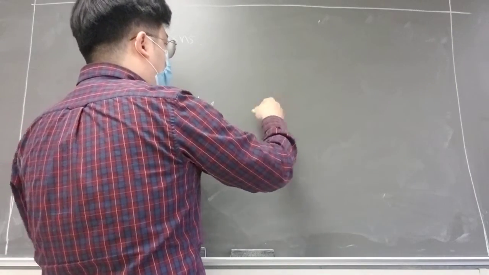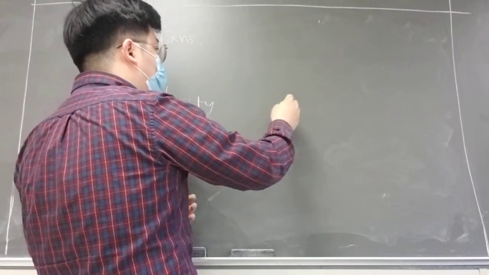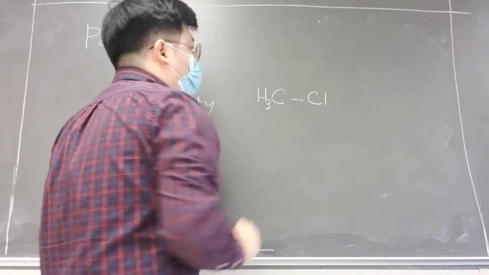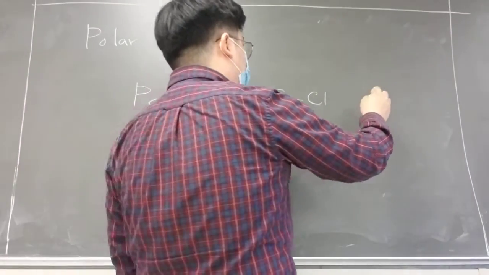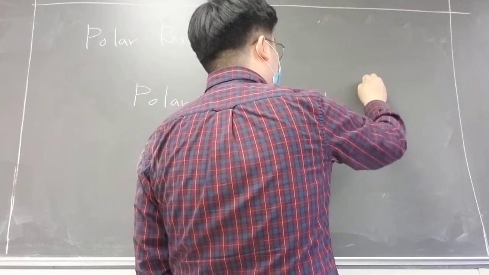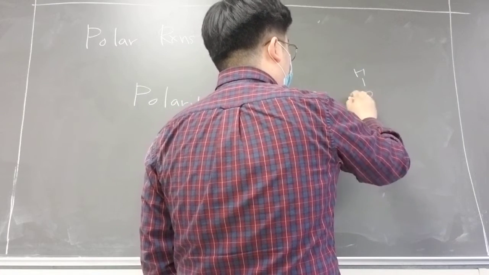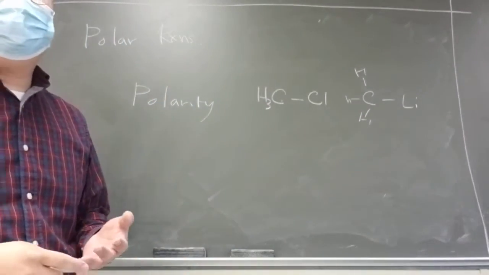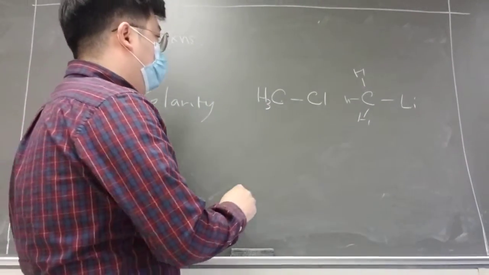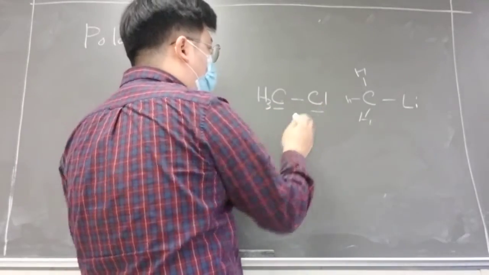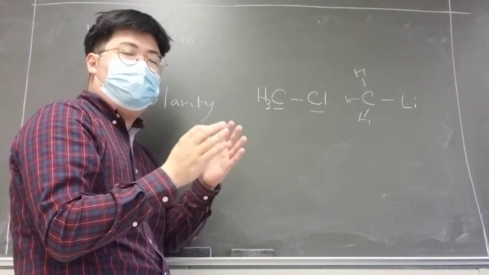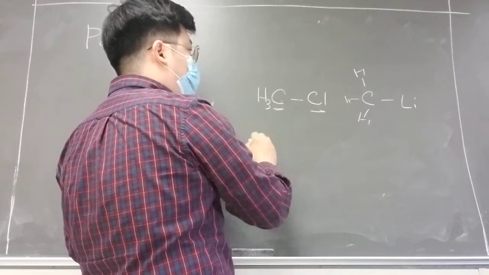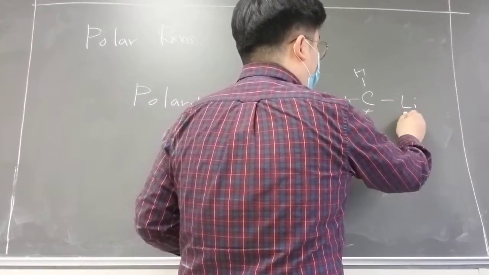This is just being polar, having some dipole moments because you have carbons or other elements bonded there, or carbons or other elements over here. If you look at this one here, obviously now you see a big difference in electronegativity between chlorine and carbon, and also carbon and lithium here.